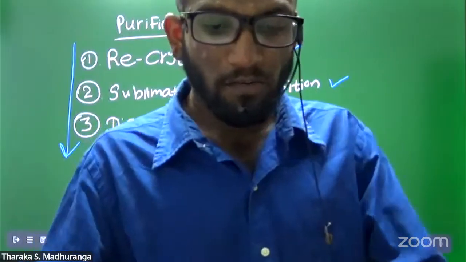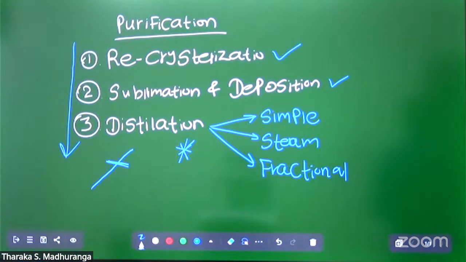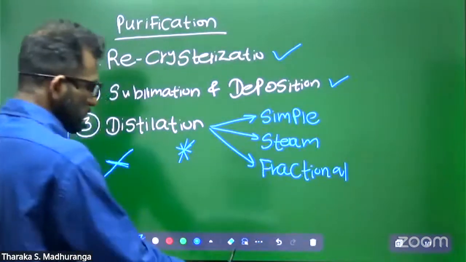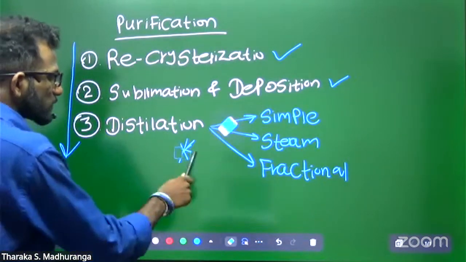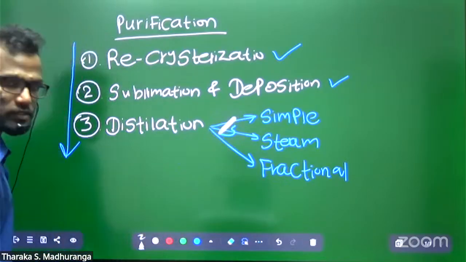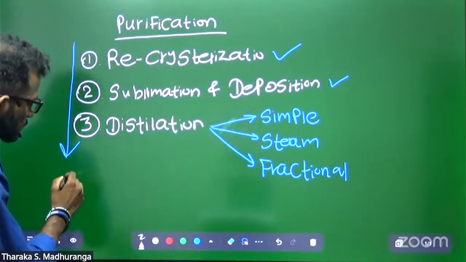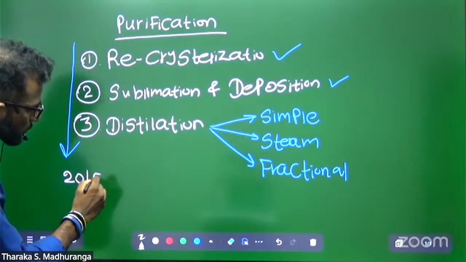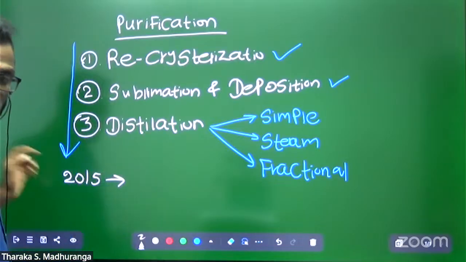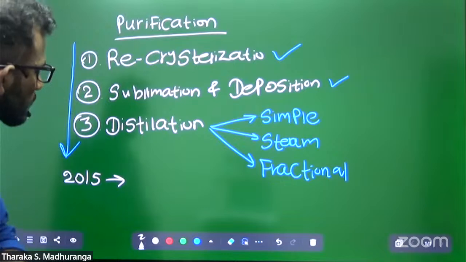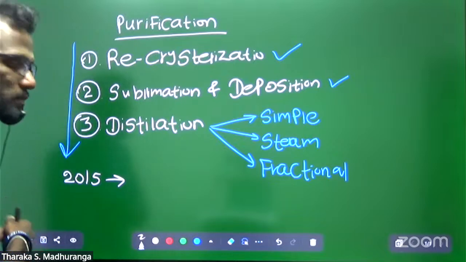what are the disadvantages? The 2016 question, the 2015 question. Last day we discussed the 2015 question. In the 2015 A level, no need to go through, we discussed it already.